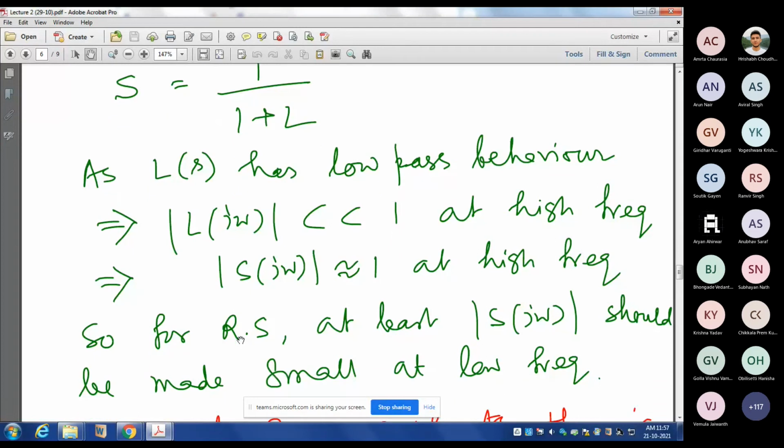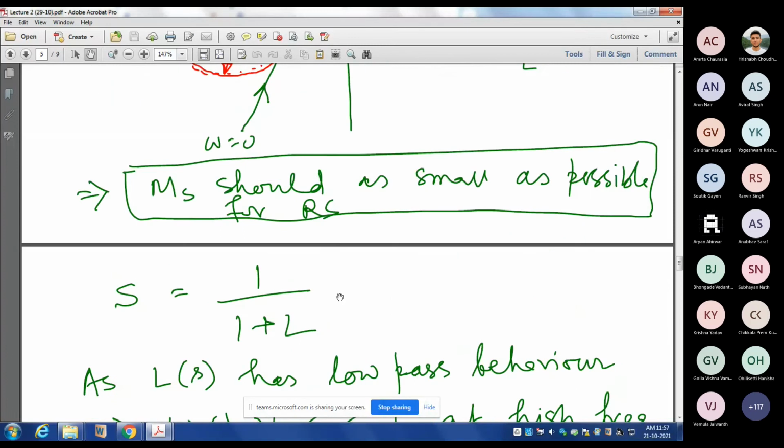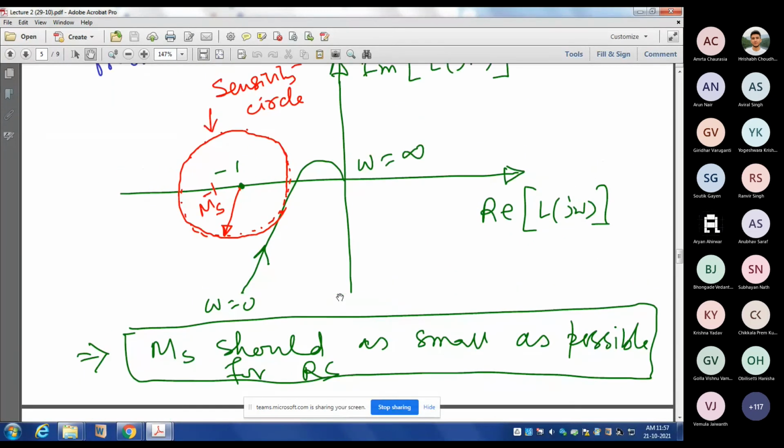Fortunately these parameter variations are of low frequency type. SG omega of 1 occurs only at high frequency, but at low frequency SG omega is small. So by employing a controller we can take care of parameter uncertainty.